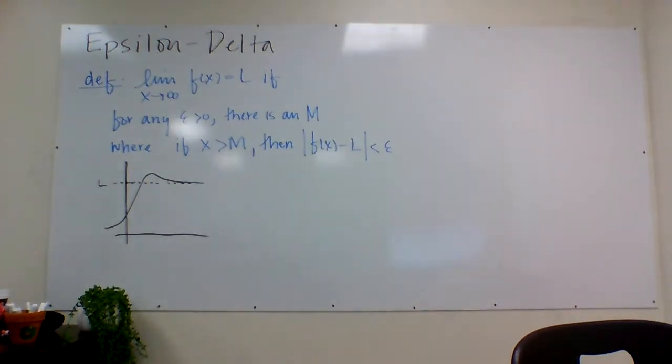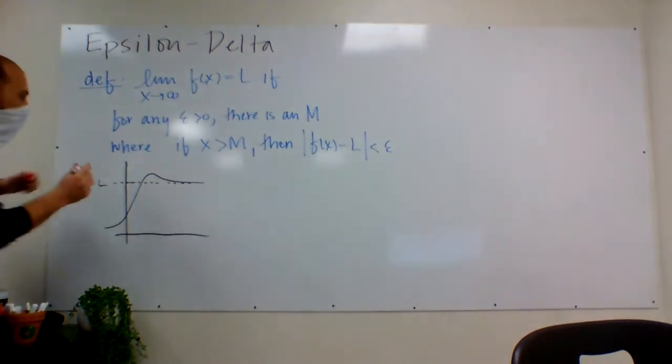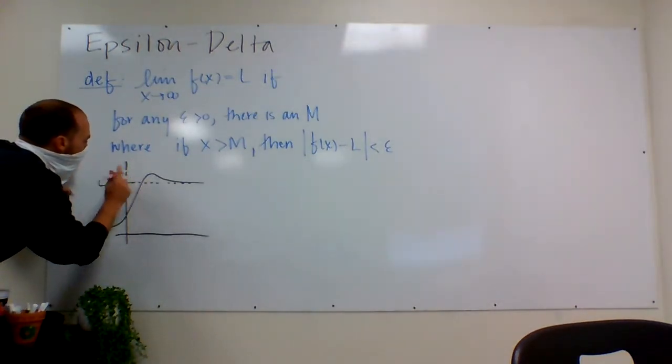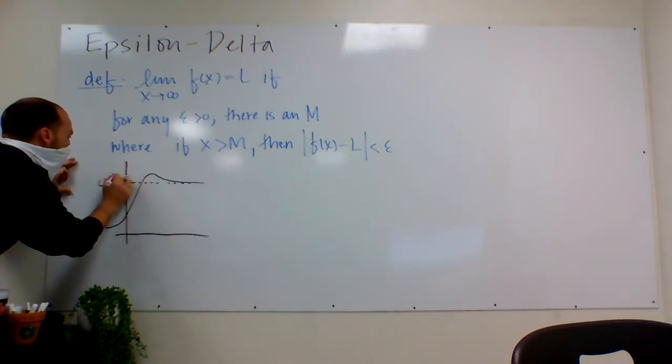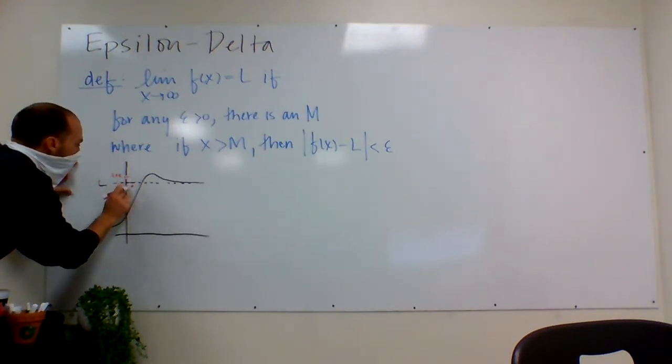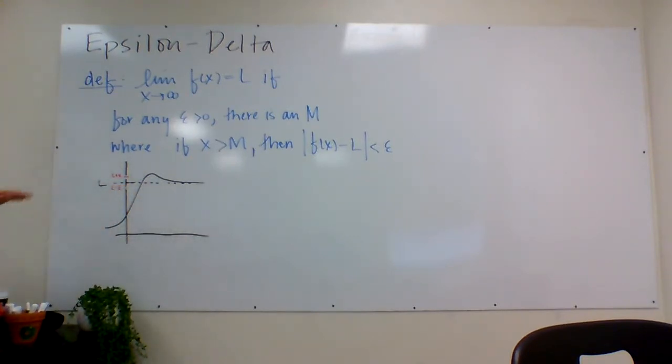So the thought is, if I want to be within some small distance of the limit, like epsilon, and maybe I'll make the epsilon distance a little smaller this time, then this is L plus epsilon, and this down here would be L minus epsilon. Not sure if that's picking up on the camera, but I'm sure you can imagine what I'm saying.